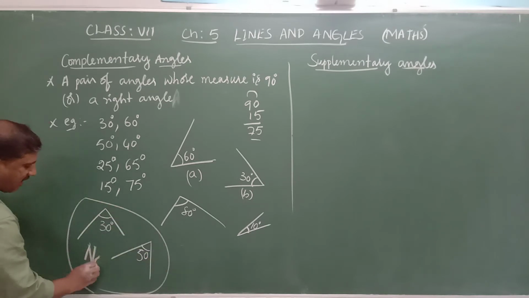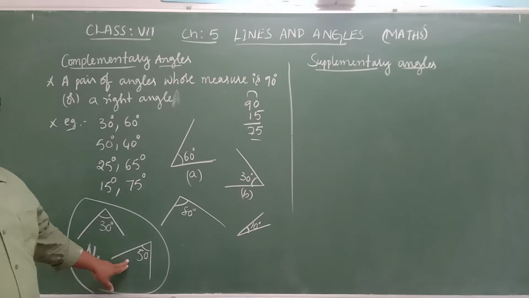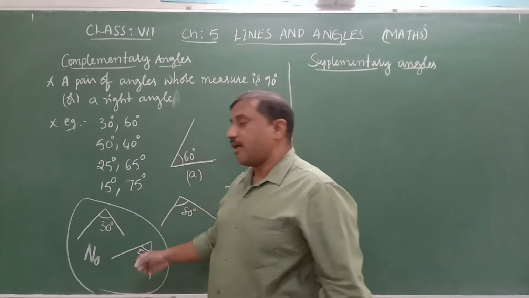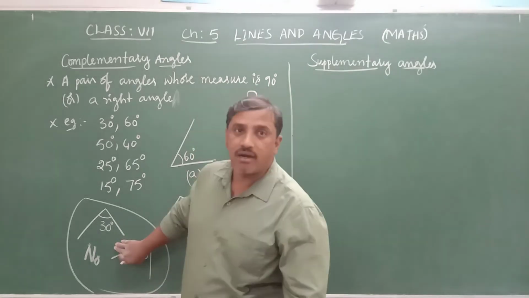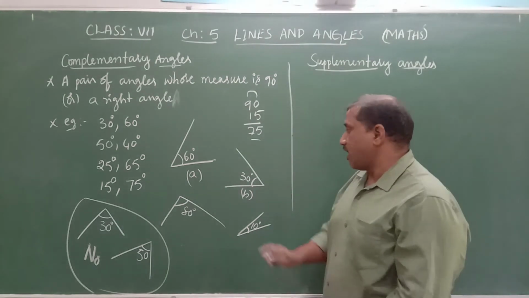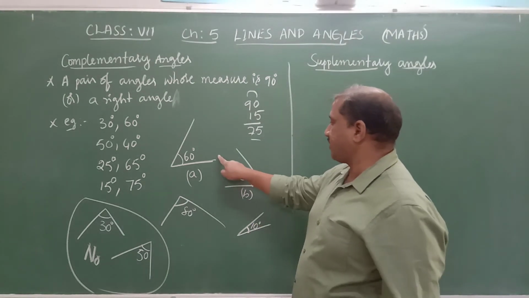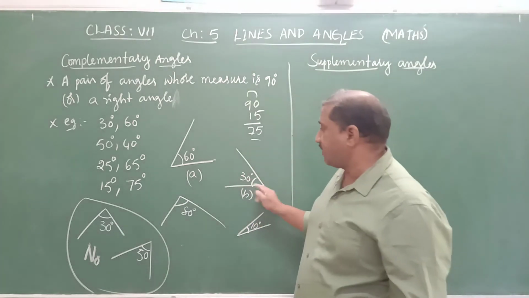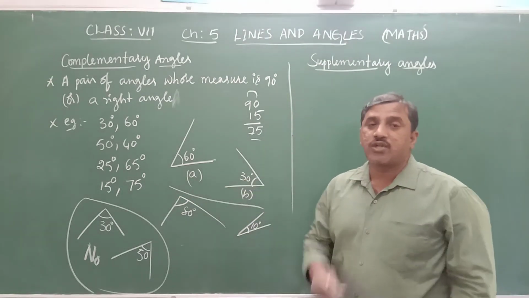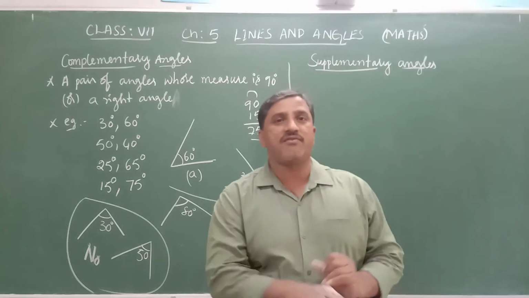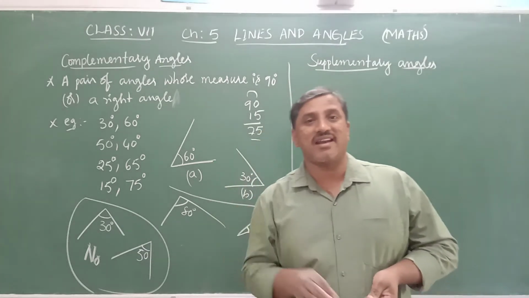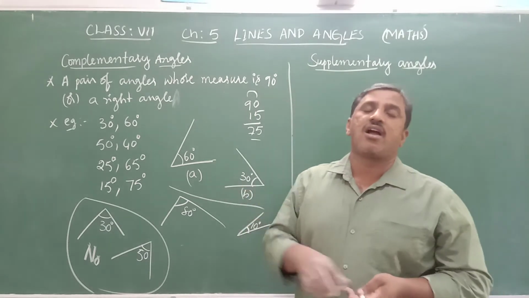No, because 30 plus 50 is 80 degrees, but we should get 90 degrees. Therefore, these are non-complementary angles, but 60 and 30, and 80 and 10, are pairs of complementary angles. So how do we find the complementary angle of another angle? By subtracting the given angle from 90 degrees.